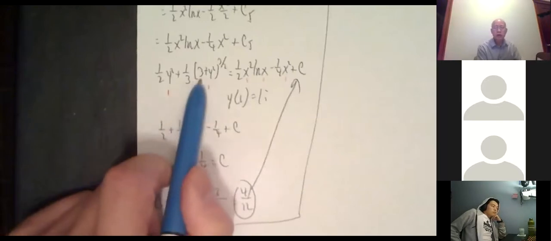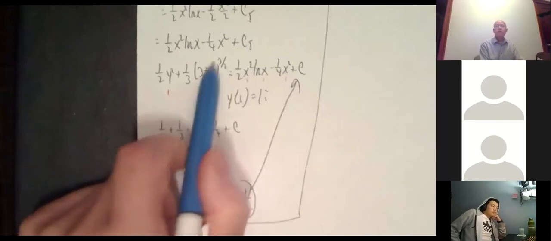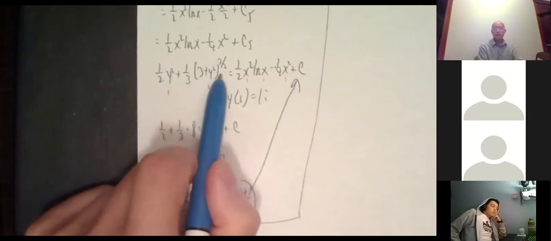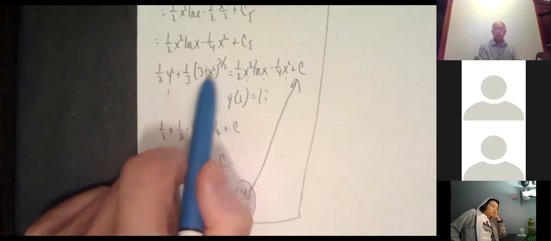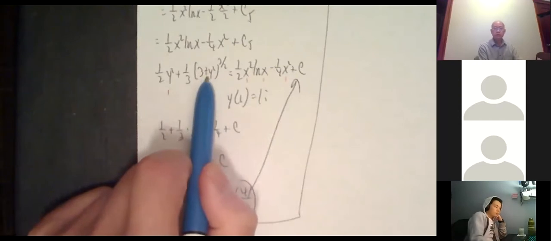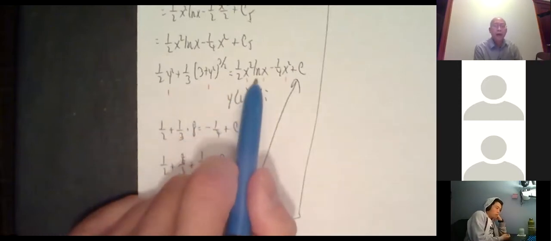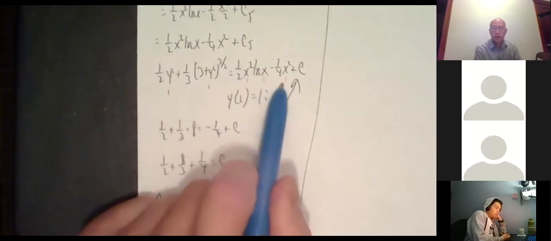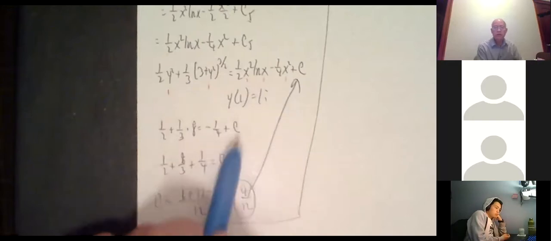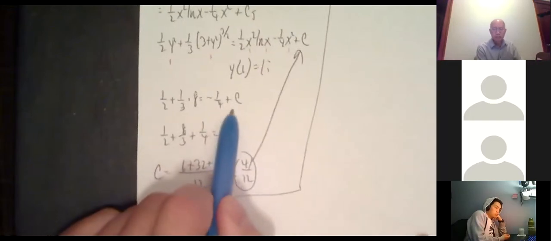That's 1/3 of 3 plus 1 is 4. 4 to the 3/2. Square root of 4, 2. Cube it, 8. Put a 1 there. Ln of 1 is 0, so that's gone. Put a 1 there, negative 1/4 plus c.